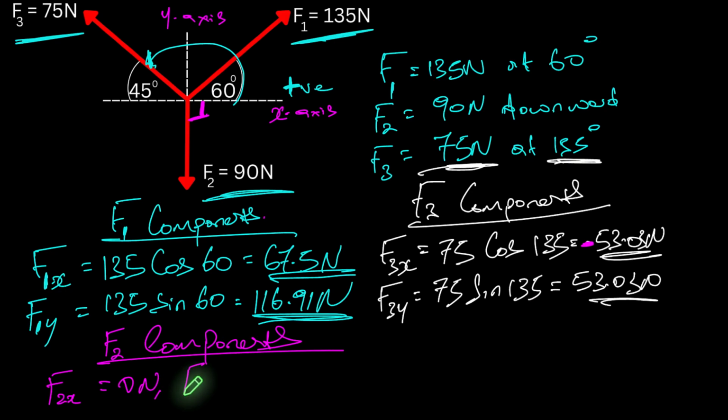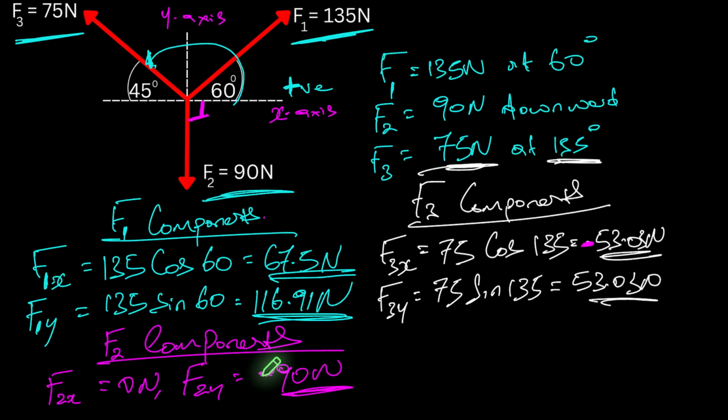Whereas the vertical bit, F2y, is just going to be negative 90 newtons because it's going downwards. So at this point, we have calculated all our force components, but we have not yet found the magnitude and the direction of the resultant.